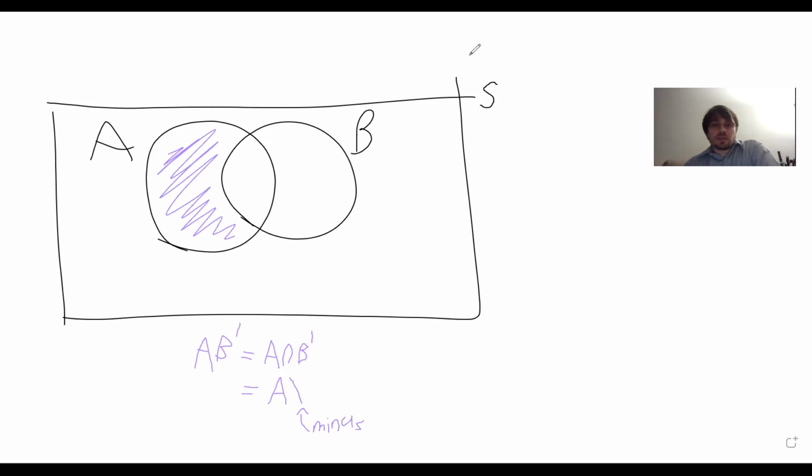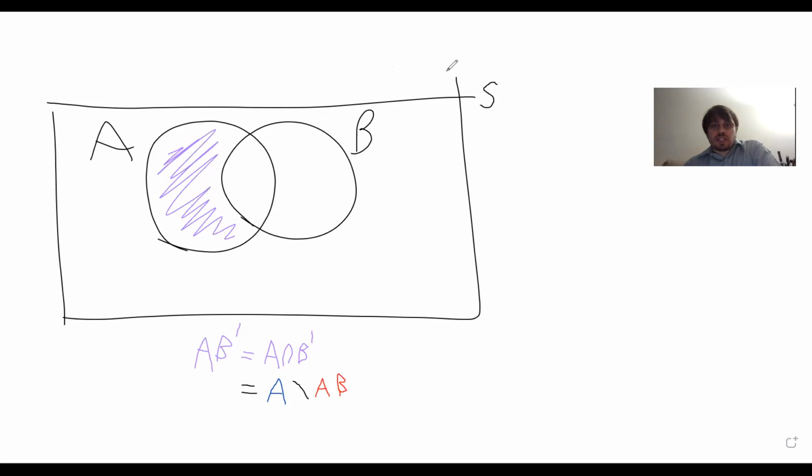What I'm going to do is I'm going to write it like this. This is also equal to, I'm going to use the colors in a different way. Let's say you had A, and then you subtracted AB.